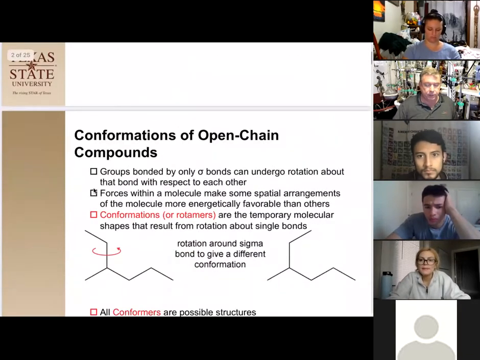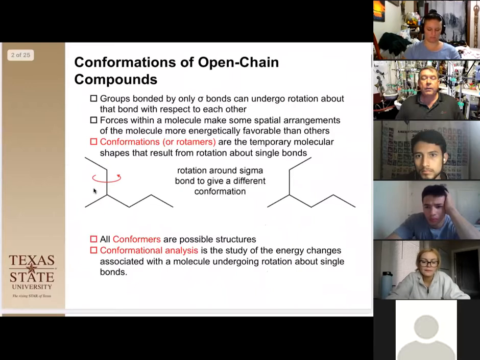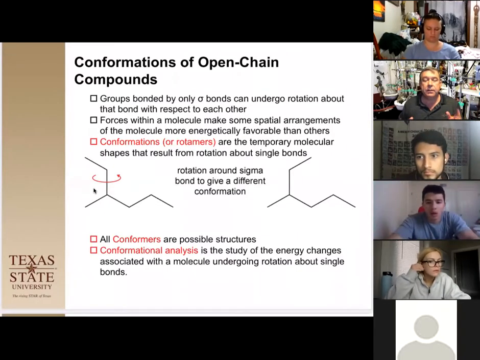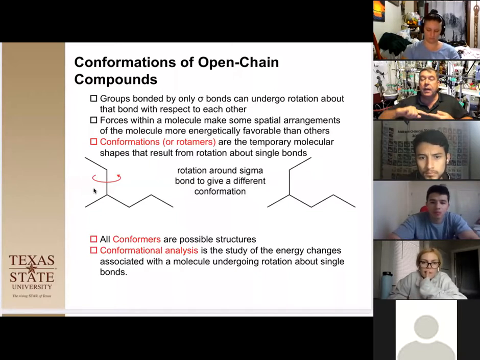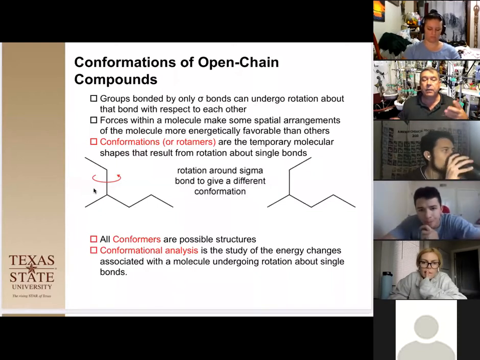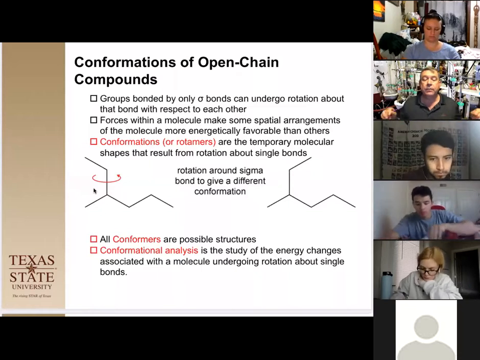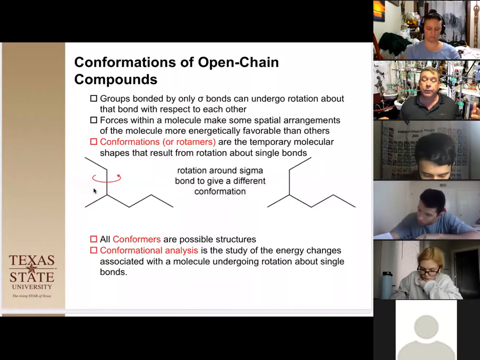Okay, so now the cool thing about sigma bonds is, because it's only a single bond and you have the overlap between an sp3 hybridized orbital and sp3 hybridized orbital in a carbon-carbon bond, that has free rotation. So you can draw any of these bonds in any order you want to, and because they have that free rotation, all of the conformers that you can draw are true.